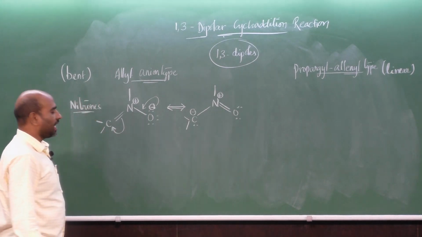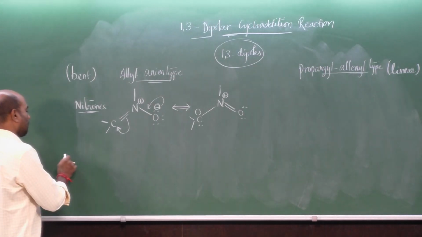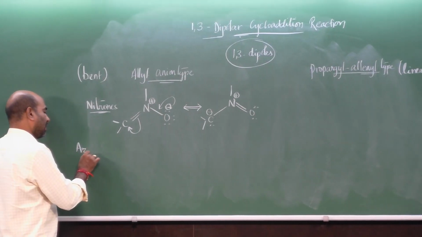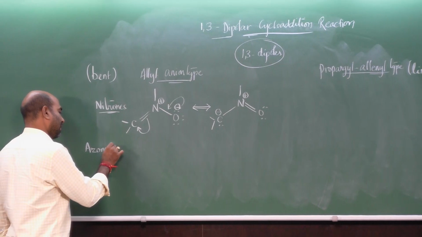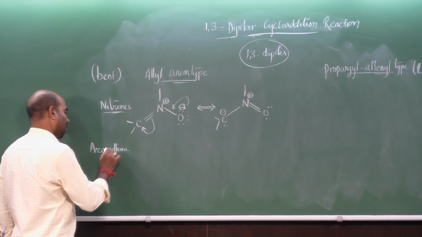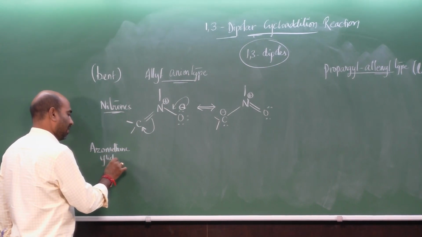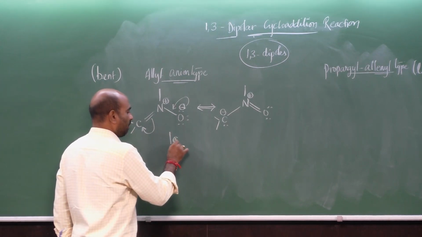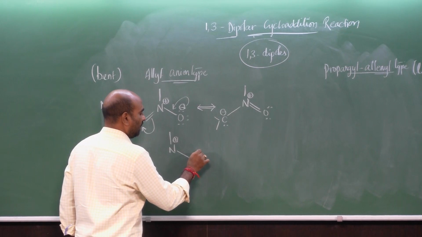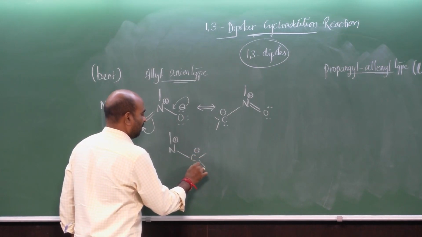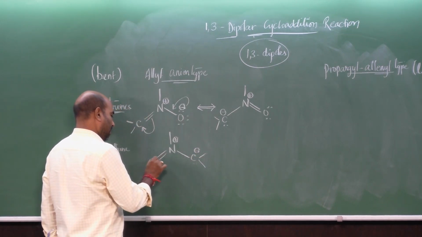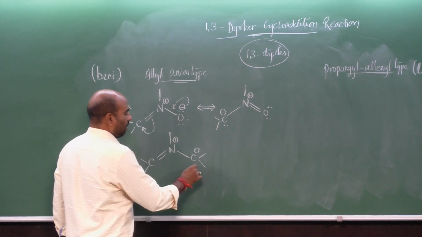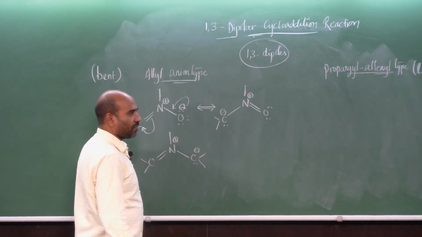These are the nitrones. The next one is azomethine ylide, where again the nitrogen will be the center atom with the positive charge, and carbon will be with the negative charge.